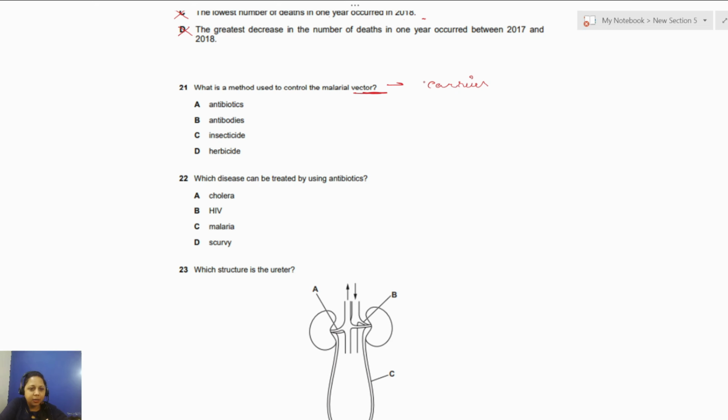What carries the malarial germ? Which pathogen? Mosquito. How to kill a mosquito? Think again. Insecticide. It's an insect, so we have to use insecticide. They are saying malarial vector, the carrier one.